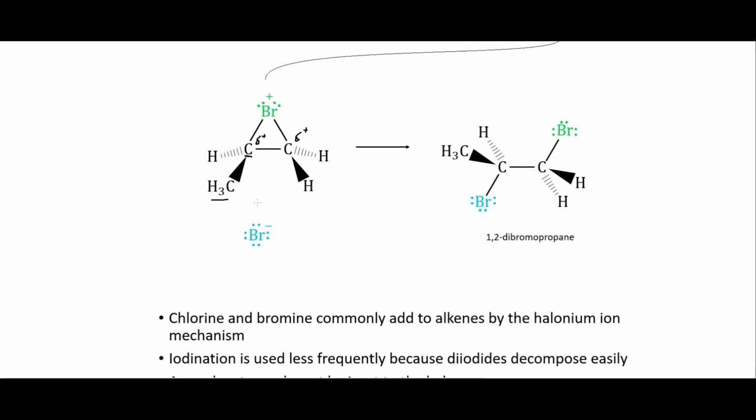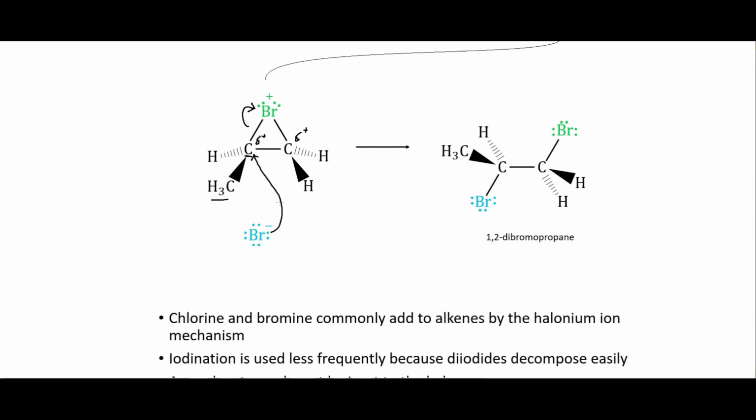So we're going to bring this in onto that carbon. The electrons go up onto the bromine there, and so we end up with the 1,2-dibromopropane right here.